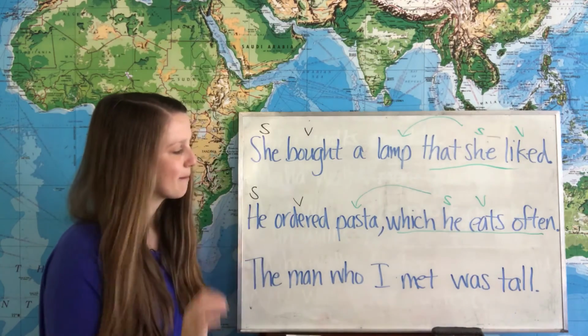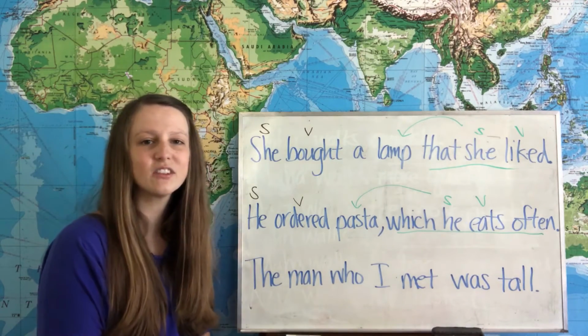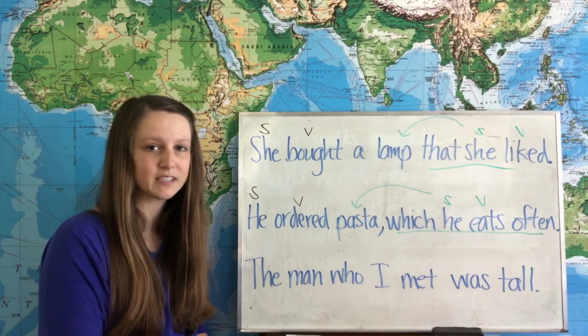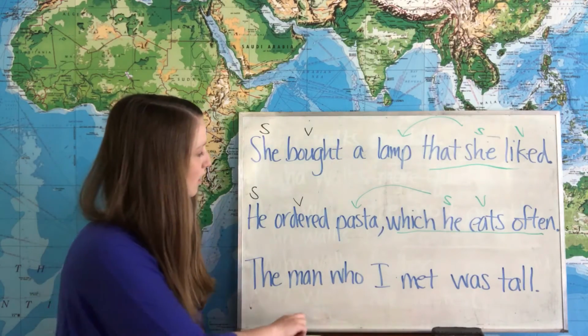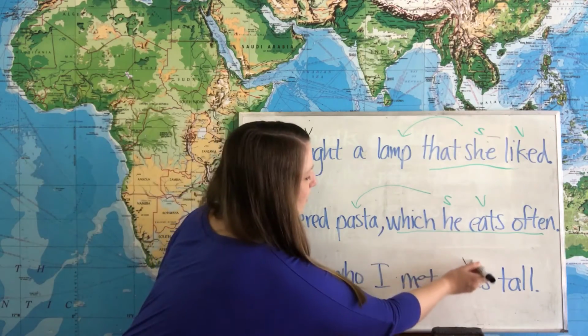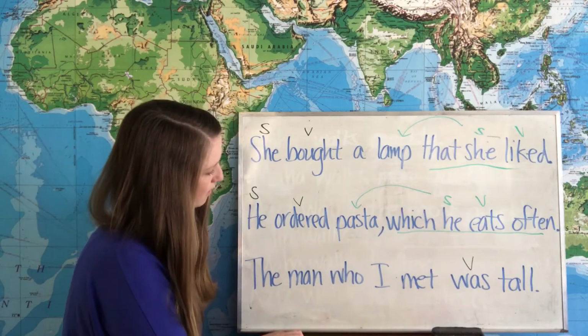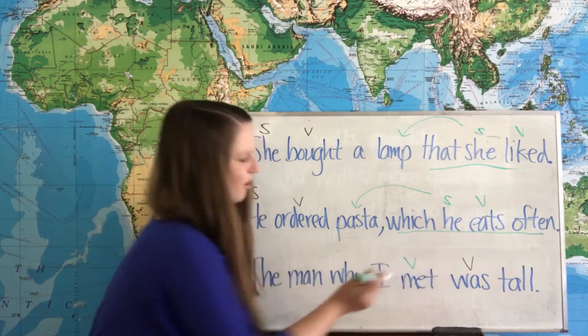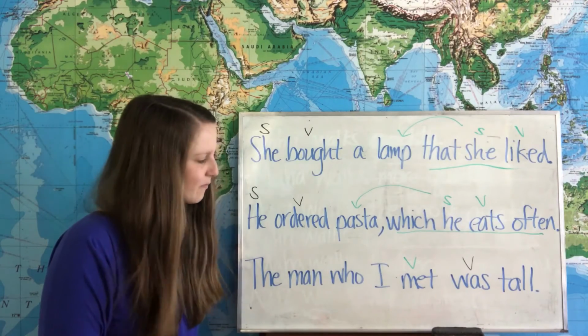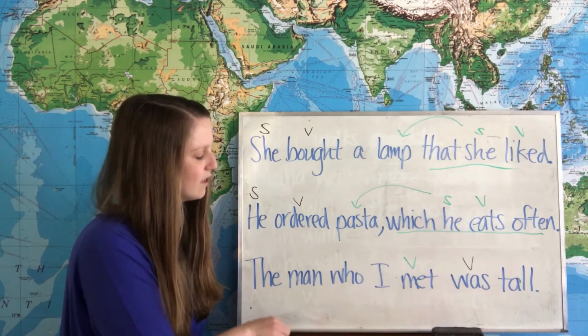The man who I met was tall. Now the structure of this sentence is a little bit different, so let's find our subjects and verbs first. So we'll find our verb. We have the verb was and the verb met. Oh, two verbs together. That's a little bit strange, right? So let's look at was.